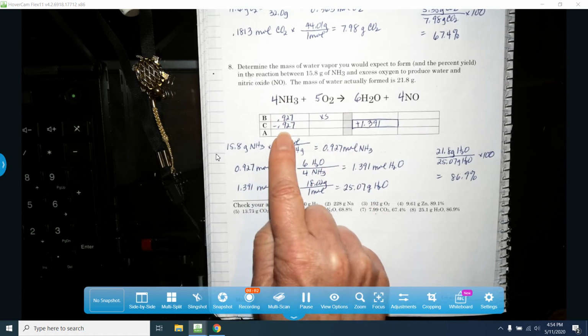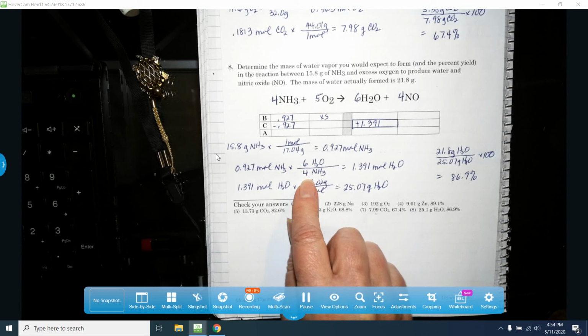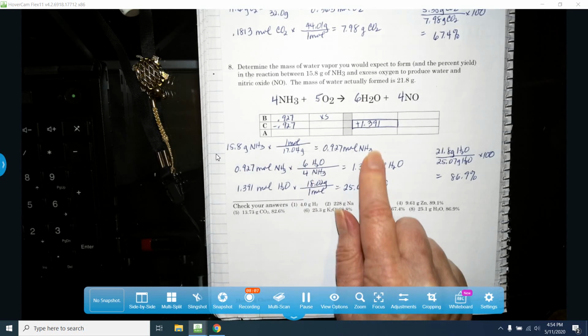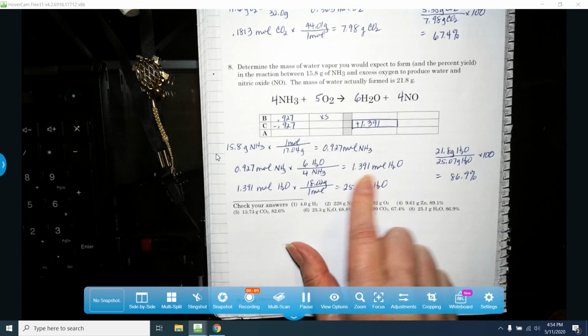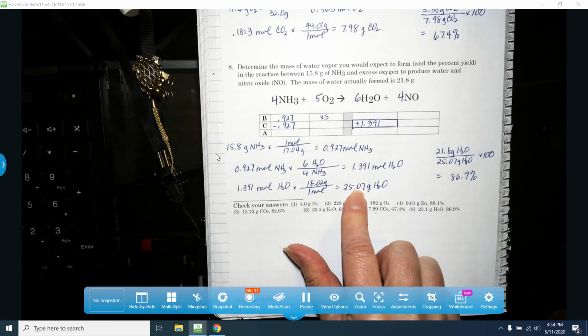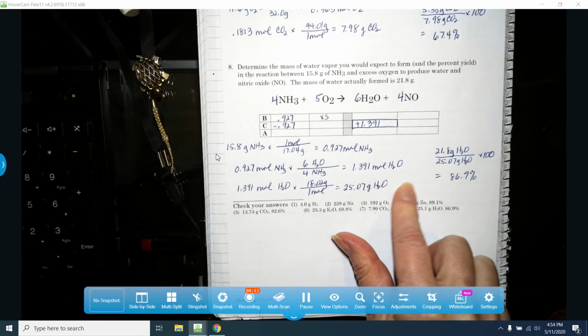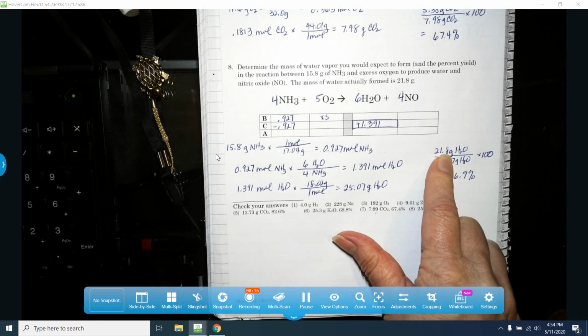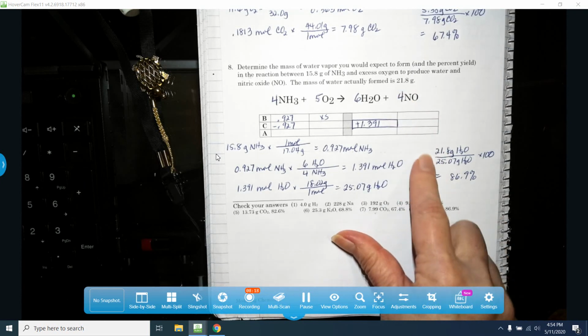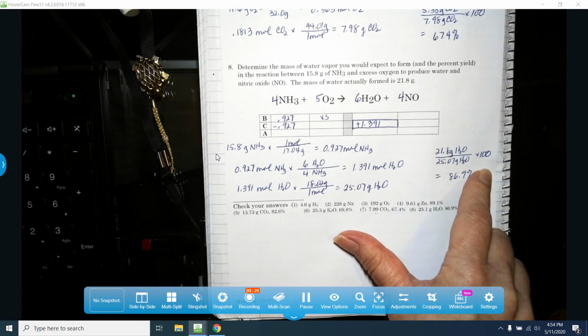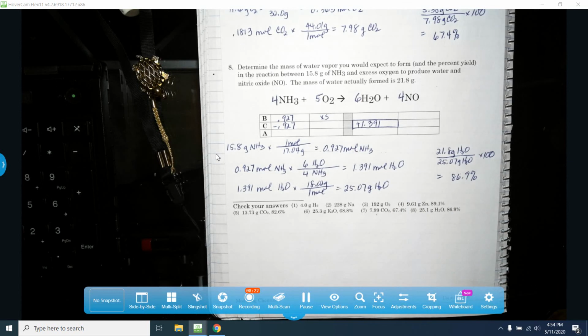So we take our 0.927, 6:4 ratio, and that gives us 1.391 moles of water, and we convert that to grams. This is our theoretical yield. That goes on the bottom. And the actual yield, which is what was given, divided by theoretical, gives you the percent yield.